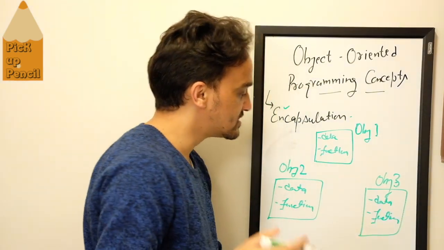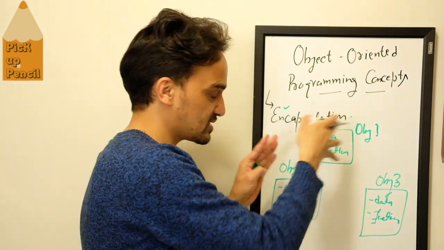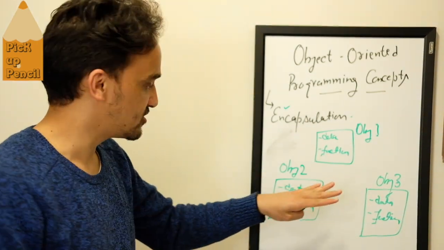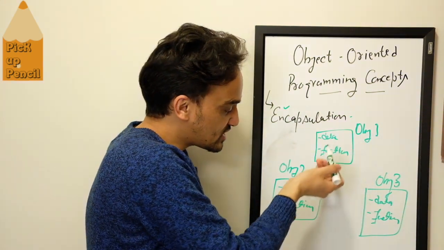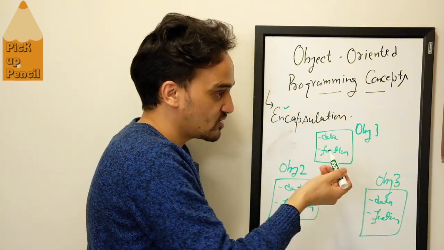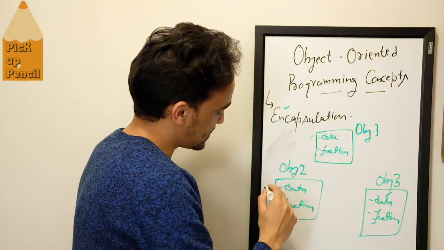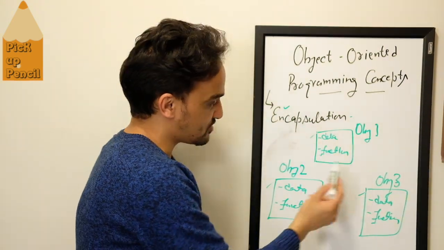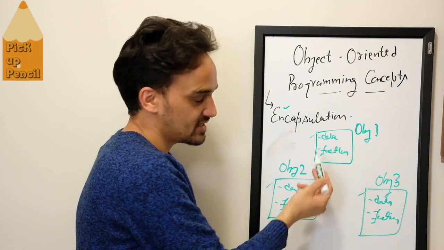We have already learned that there is no free flow of data among these objects. So in each object, we are wrapping it within its own unit. We can call this one unit, another unit, and there is one more unit. So we have wrapped each object with its own data and function.